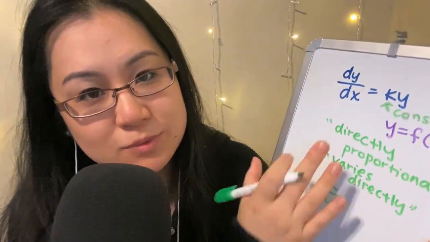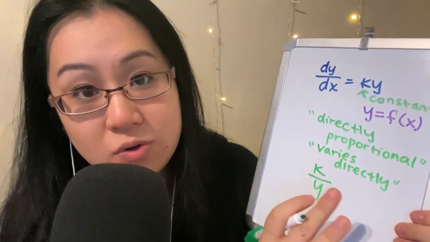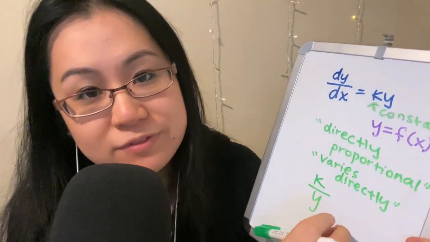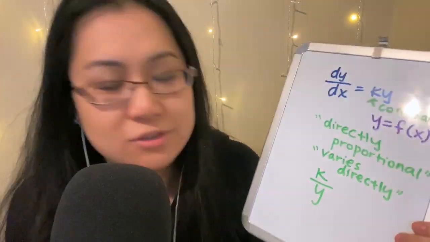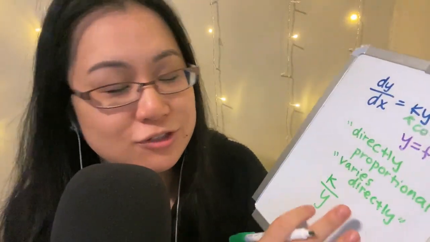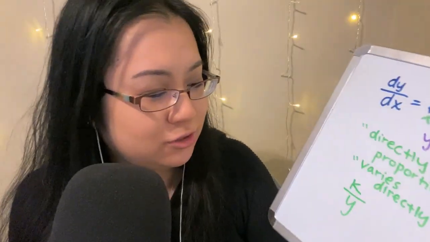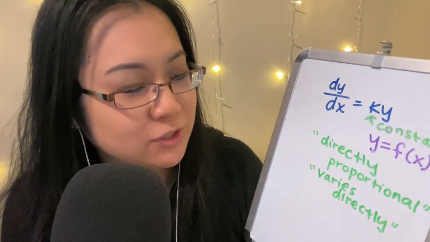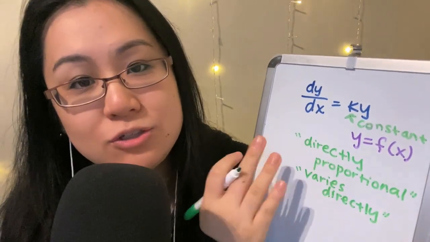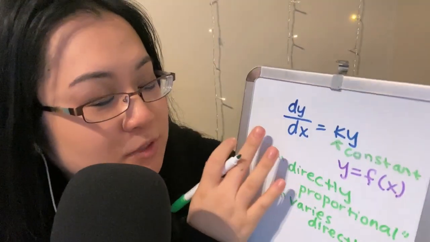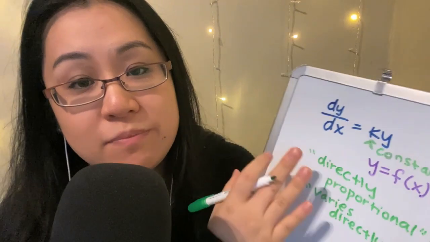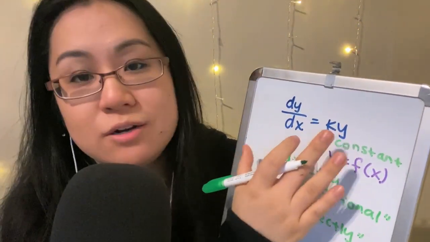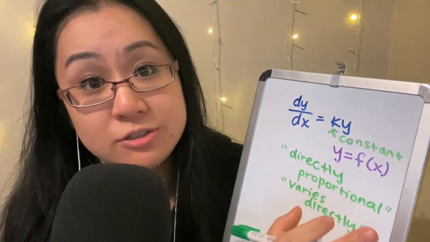And then of course there are times where things aren't related at all in any way, but you could have inversely proportional to the square of something, and there's applications of this in chemistry and I'm sure other situations, but the one that we want to focus on for this is directly proportional, and specifically the rate of change of something being directly proportional to the original thing at any particular given time.